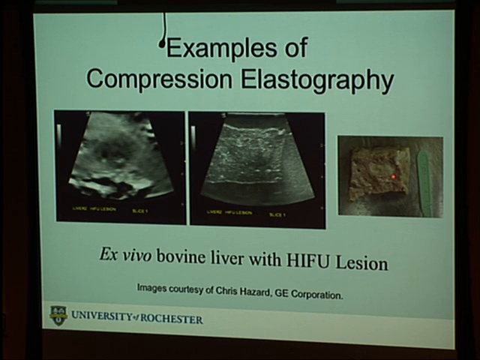Again, it's a liver with a thermal lesion in it. On B-scan, it's hard to say, is this the diameter of the treated lesion? I'm not sure. Here you get this dark region, extra dark here, but anyway, this gives you additional confidence that you've got a shape here, basically. This is not the best one. This is from an early stage GE.